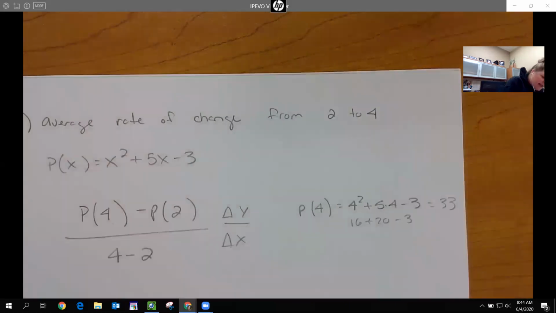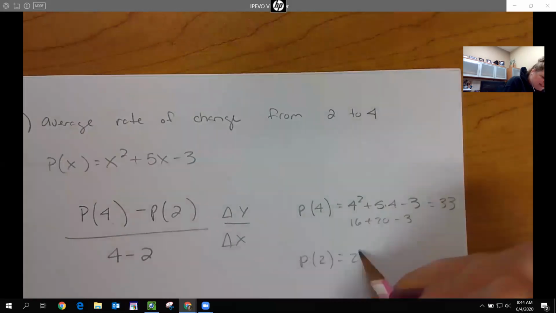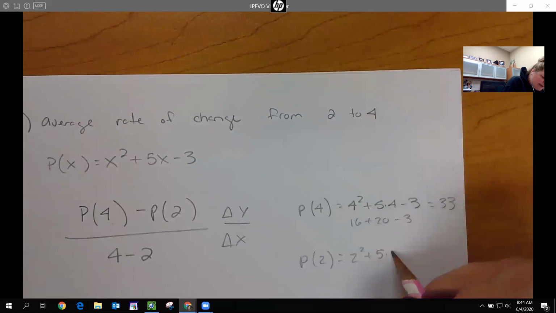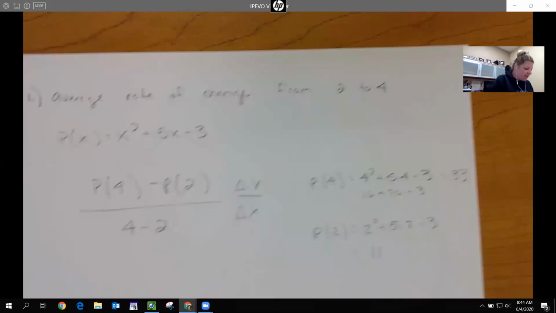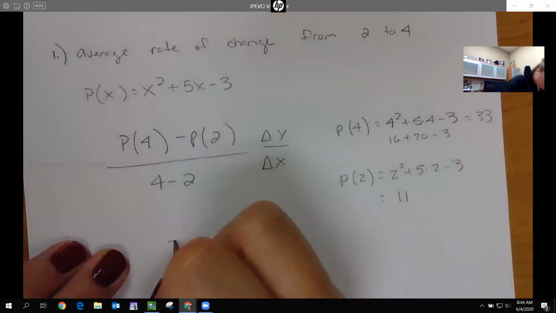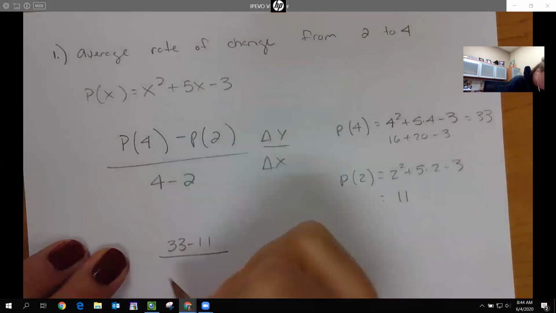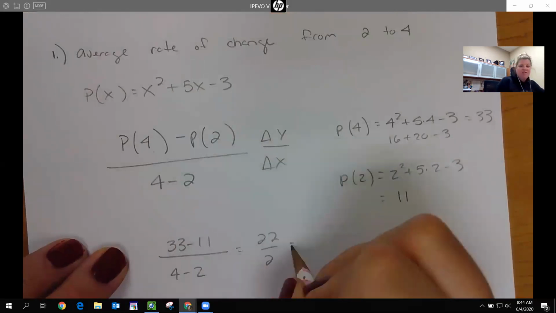And p of 2 would be 2 squared plus 5 times 2 minus 3, which is 4 plus 10 minus 3, giving us 11. So change in y over change in x, that's our symbol for change, we end up with 33 minus 11 over 4 minus 2, which is 22 over 2, or it reduces to 11.